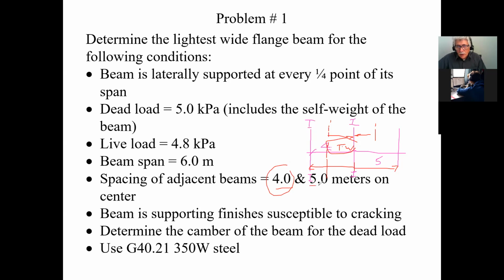Take that distance and then divide by 2 to calculate my tributary width, to minimize me making a mistake. I find that it helps to minimize errors, instead of dividing this by 2 and then dividing this by 2 in your head and maybe making a mistake, because if you make a mistake in the tributary width, you definitely made a mistake on the load that the beam is going to be carrying.